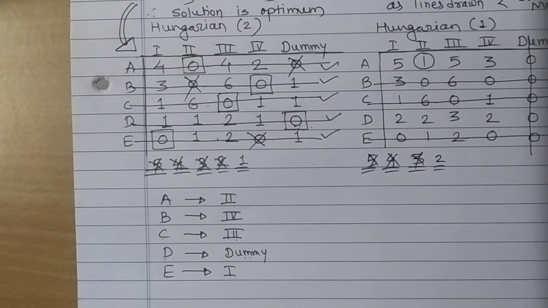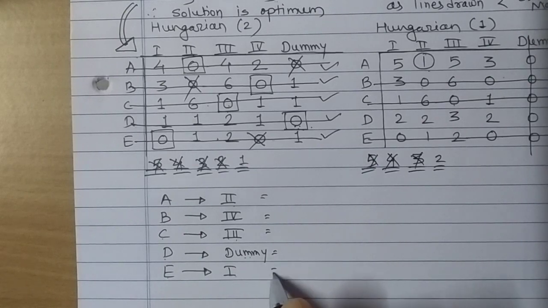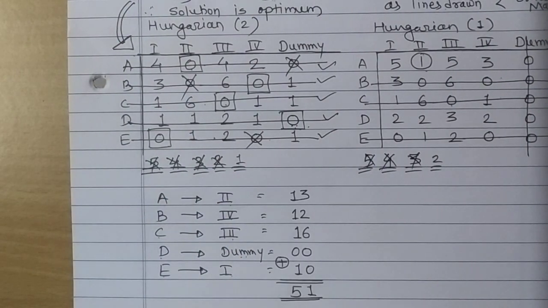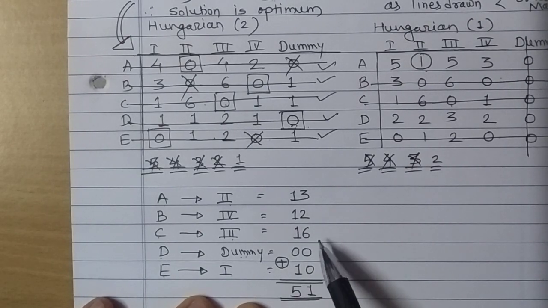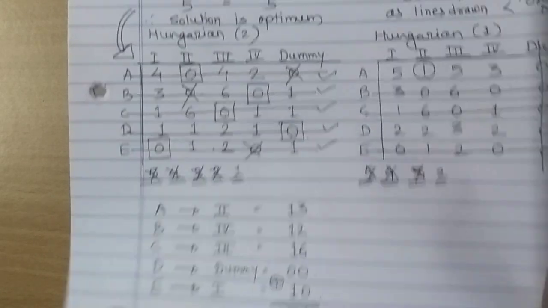Now go back to your original problem statement and find out the figures of sales for each and every salesman. From the original matrix, we got the figures like 13, 12, 16, 0 and 10. So make a summation of this. That answer comes out to be 51. Now in the original problem, just check the problem.